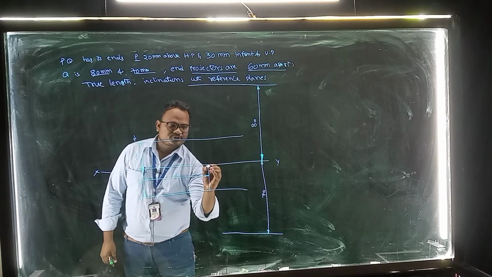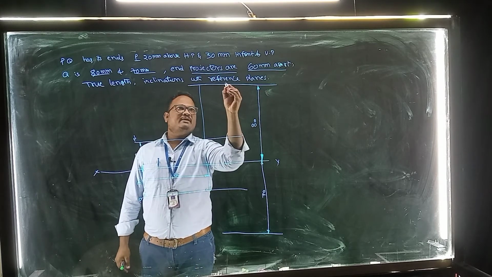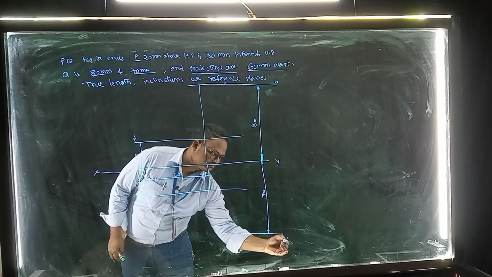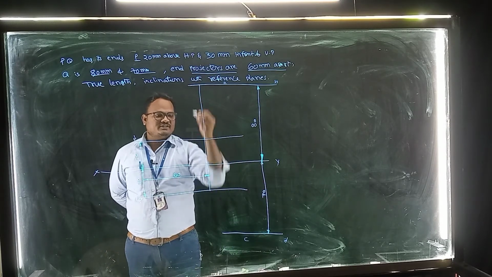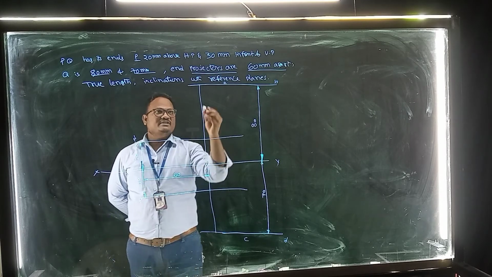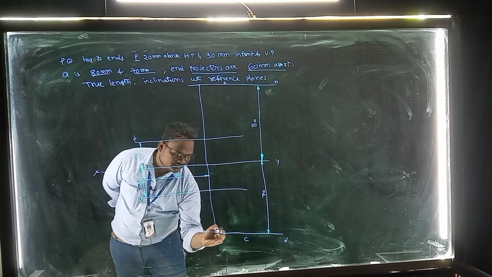Okay, so project vertically up to the locus line. This is the AB locus line, this is the CD locus. So project vertically upwards and downwards. It is going to touch the locus line somewhere here and here.